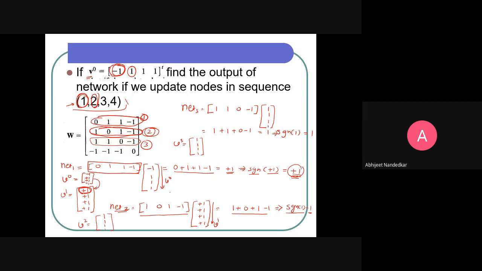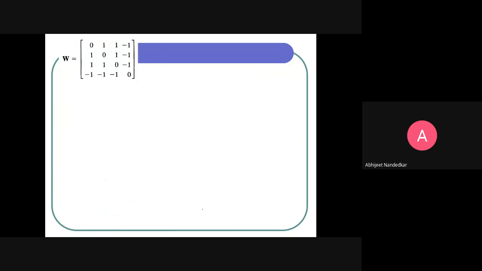Latest copy was all ones, right? So this bit was allowed, but it has not changed. So V1 was equal to V2 only. So I will write here the third position, the third neuron, 1 1 0 -1, and that will get multiplied with all ones.